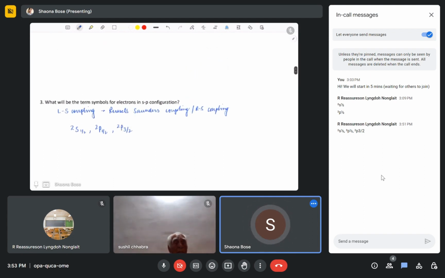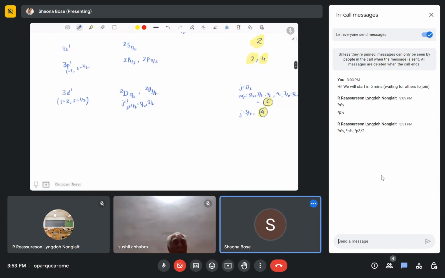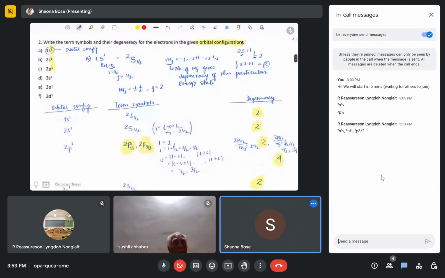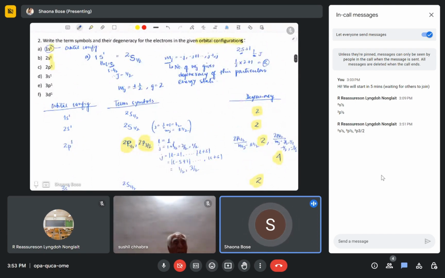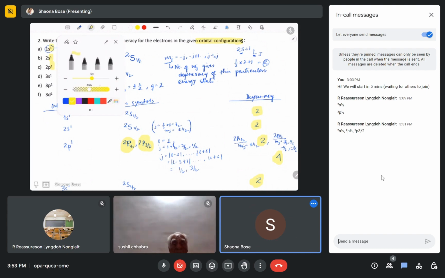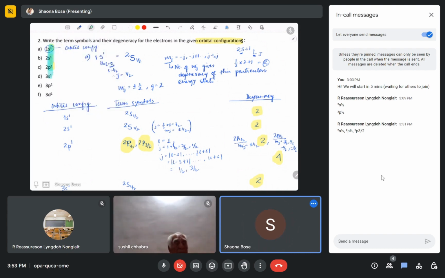Okay, notice one thing compared to the previous exercise that we did. We are talking about one electron. I had highlighted and showed you in yellow, talking about these ones.